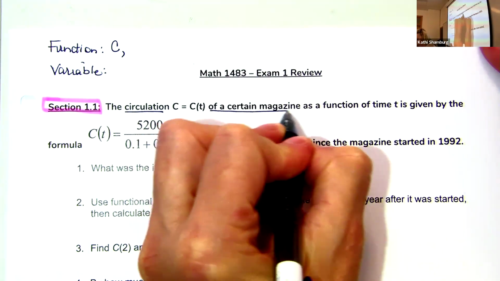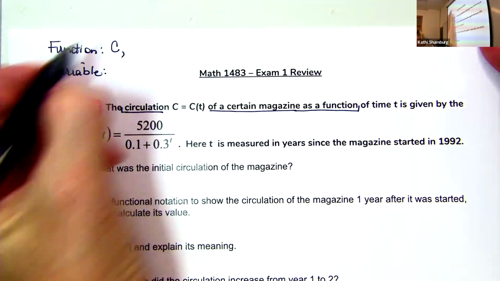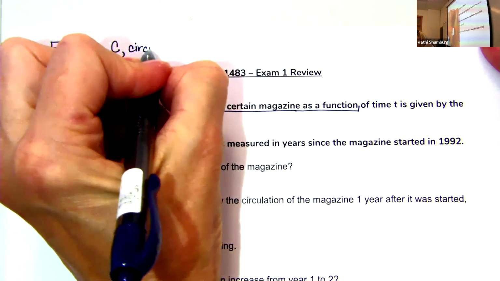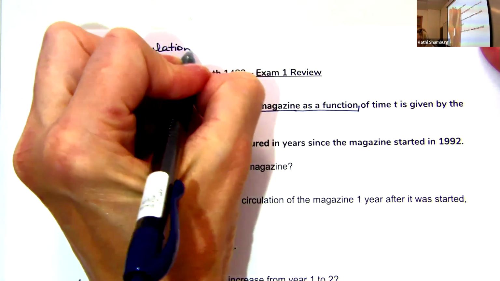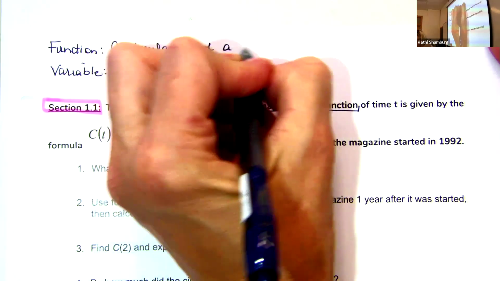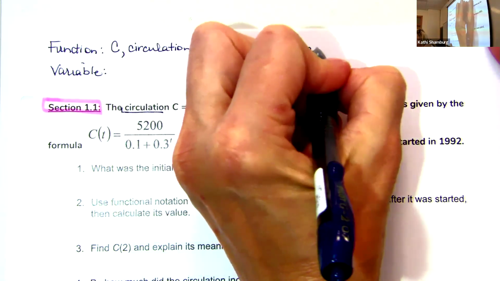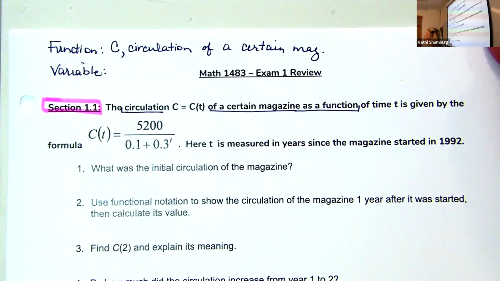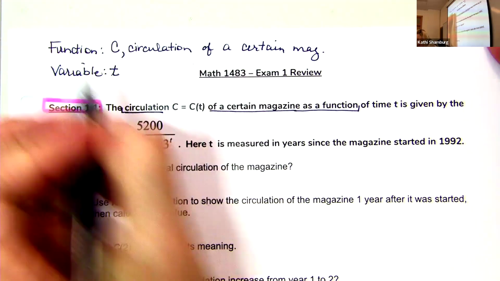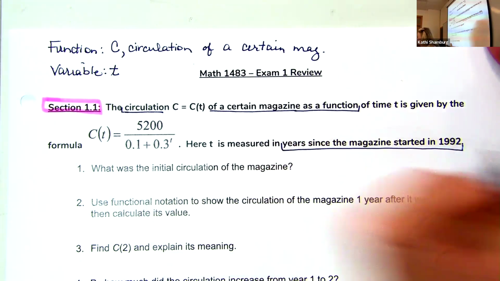Circulation of a certain magazine is your function. So I would say circulation, and if you just put circulation, I'm sure I would be okay with that, but of a certain magazine, because we don't know what you're circulating. And I'll just do MAG for magazine. All right. What are we calling the variable? T, and what is that? Years, and then yes, you have to say since 1992.